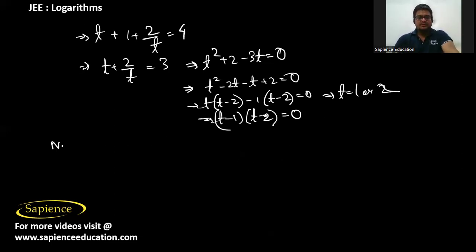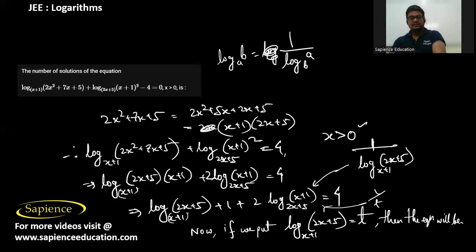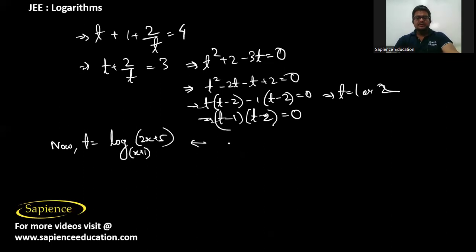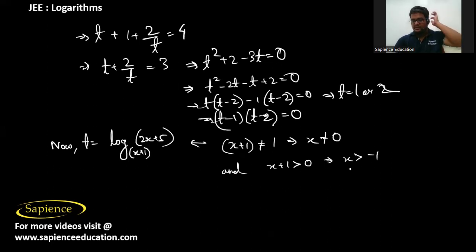Okay. So now t is actually log of 2x plus 5 base x plus 1. So now from here we can say that x plus 1 should not be equal to 1, means x should not be equal to 0. And x plus 1 should be greater than 0 also. It means x should be greater than minus 1.